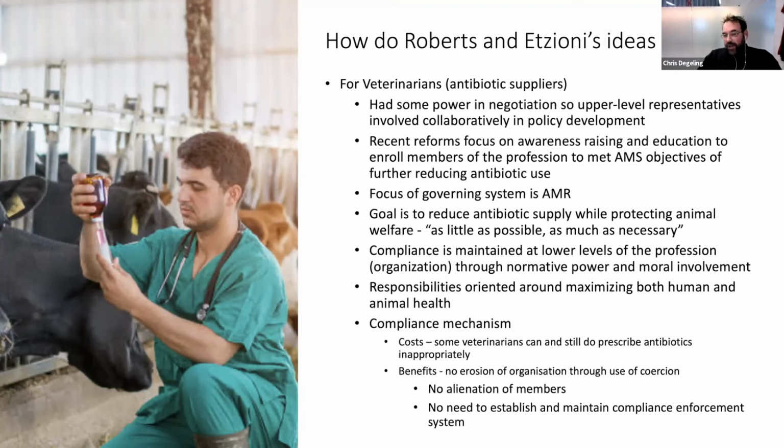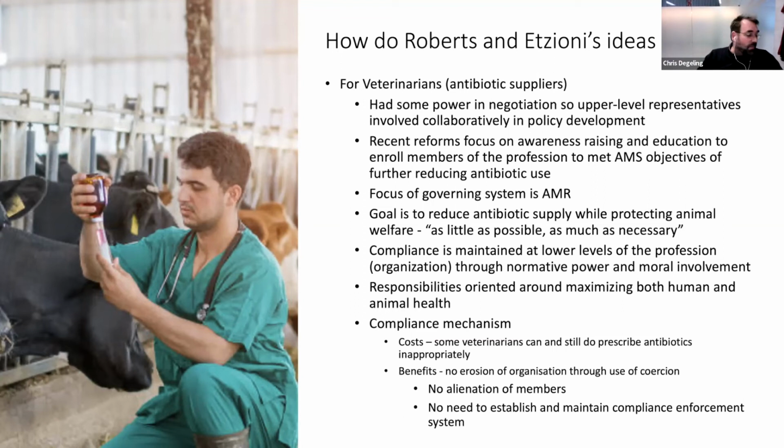The focus of the governing system around antibiotic use in the veterinary profession is antimicrobial resistance. The goal is to reduce the supply while protecting animal welfare. There's a mantra often used within veterinary circles: as little as possible and as much as necessary. Compliance is maintained amongst practitioners through normative power and moral involvement.